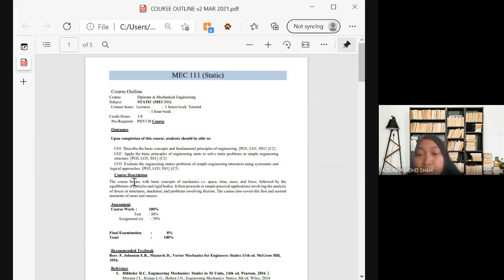The course also covers the first and second moment of area and masses. First and second moment of area ni nanti Sir Rizwan akan cover.